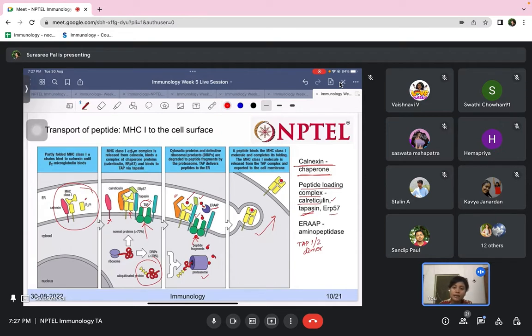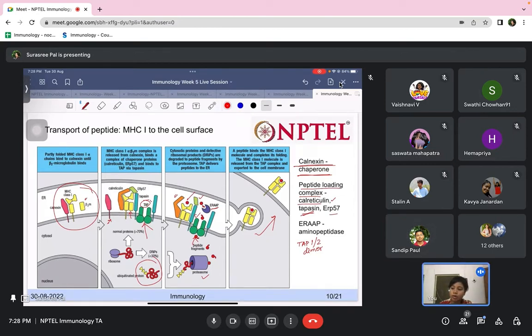And tapasin is part of the peptide loading complex. It creates a connection between the MHC class 1 and the TAP.